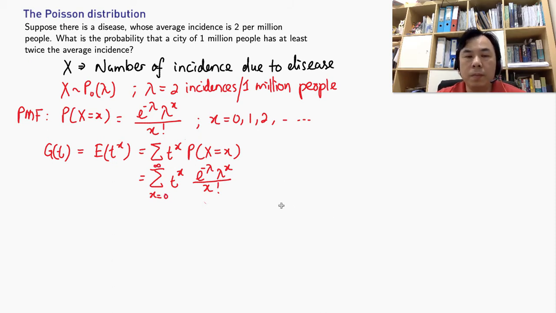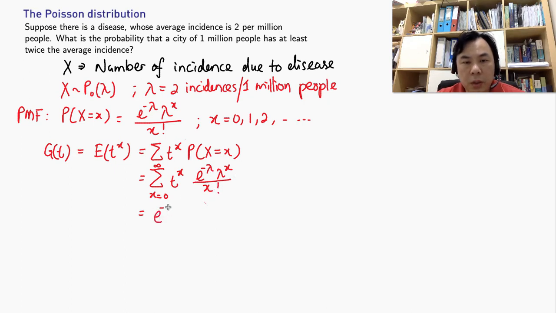From here we can recognize a few important constants.